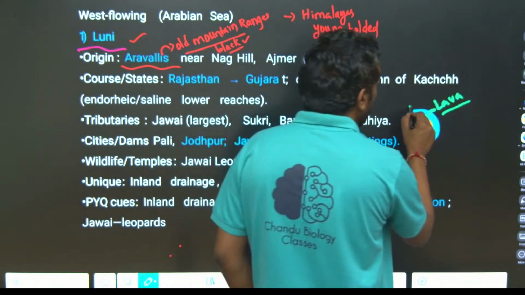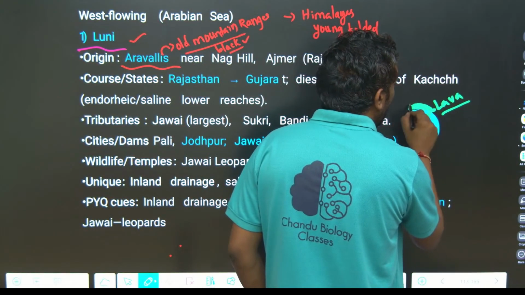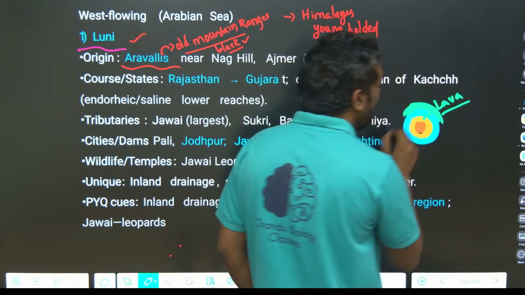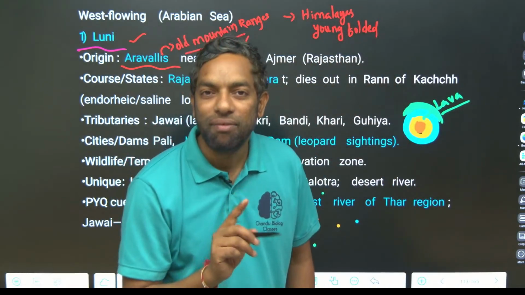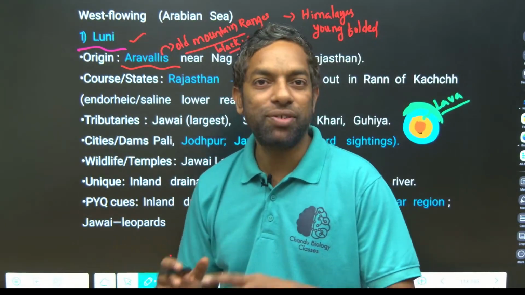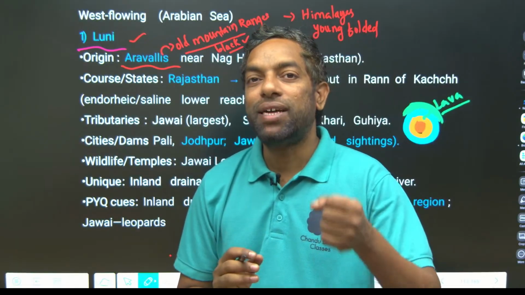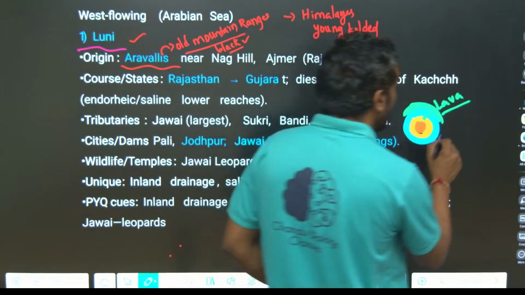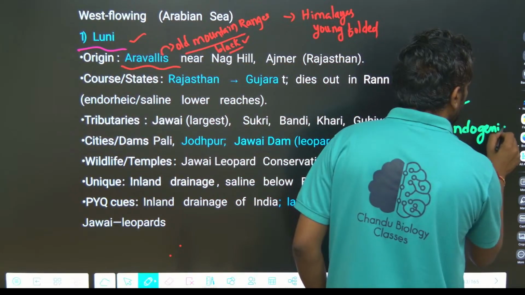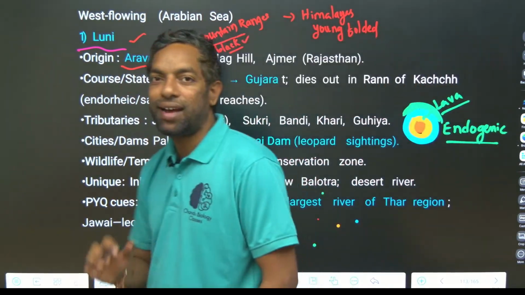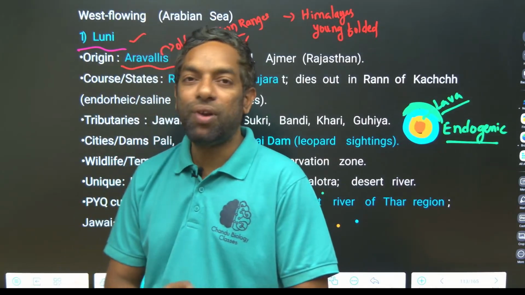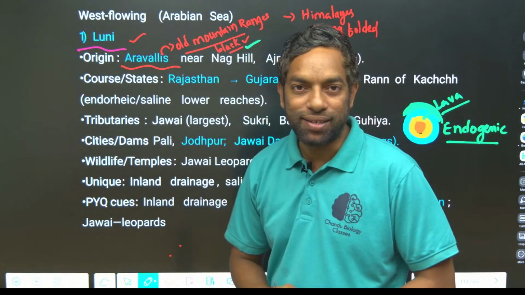Later it is cooled down to form a place called a plateau, like the Deccan plateau or other peninsular areas, where endogenic forces first created the earth's crust, that is, the old block mountain ranges.